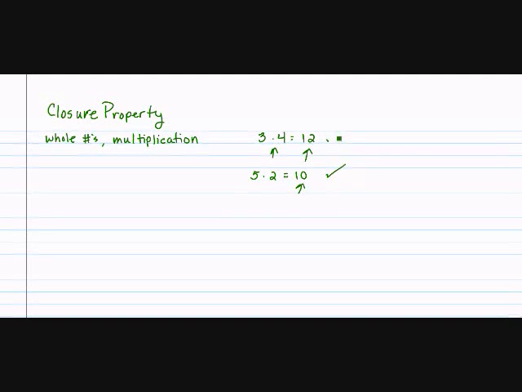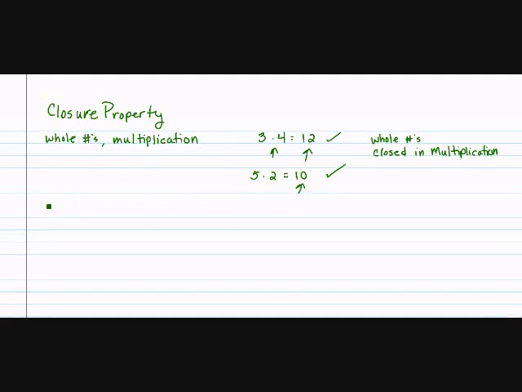What this means is when I multiply whole numbers, I get whole numbers as an answer, so therefore whole numbers are closed in multiplication. It will work every single time.